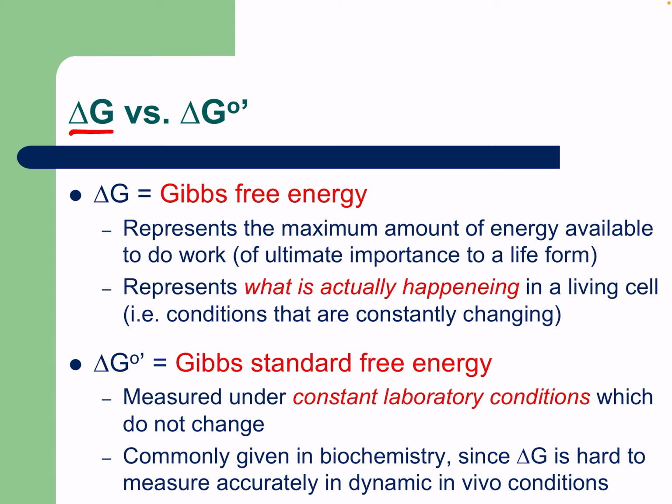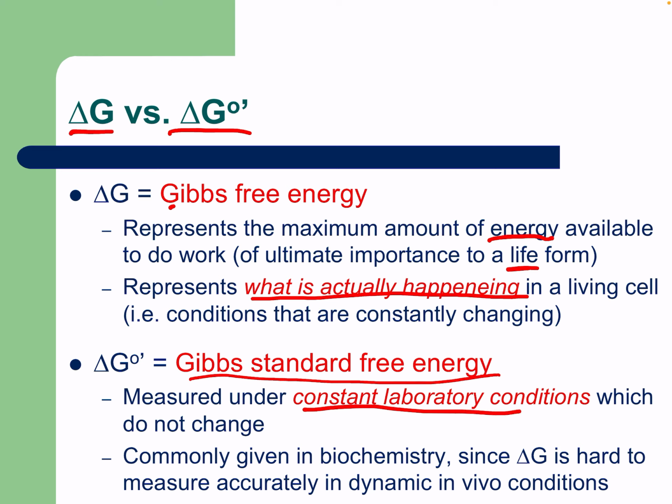So, Gibbs free energy versus Gibbs standard free energy. Gibbs free energy represents the maximum amount of energy available to do work. It is of multiple importance to all life forms. Gibbs free energy represents what is actually happening in a living cell and the conditions that are constantly changing, compared to Gibbs standard free energy, which is measured under constant laboratory conditions, which do not change.